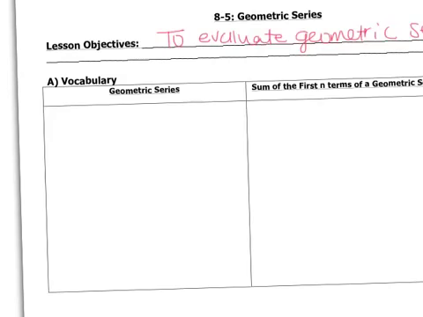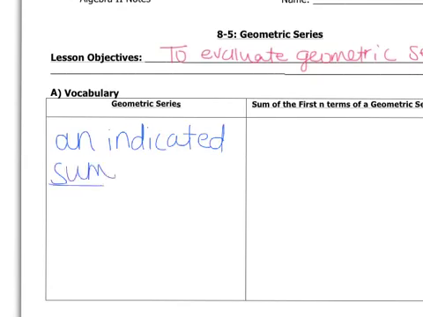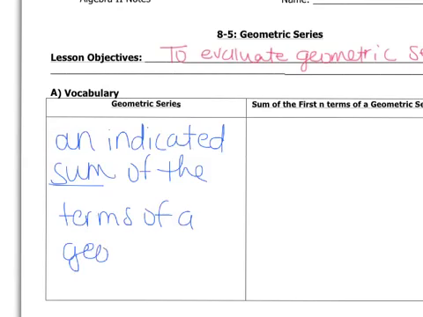So in general, a geometric series is an indicated sum. Remember, series equals the word sum of the terms of a geometric sequence.